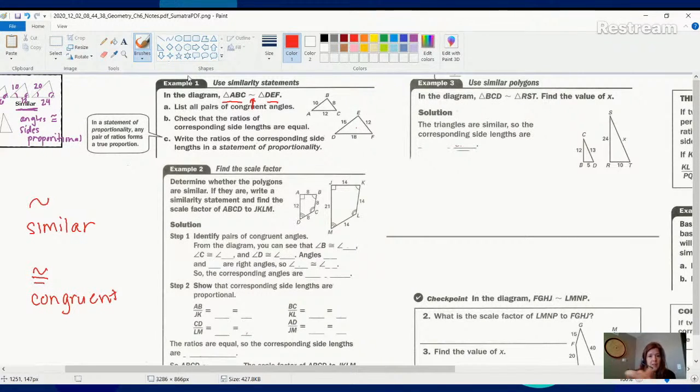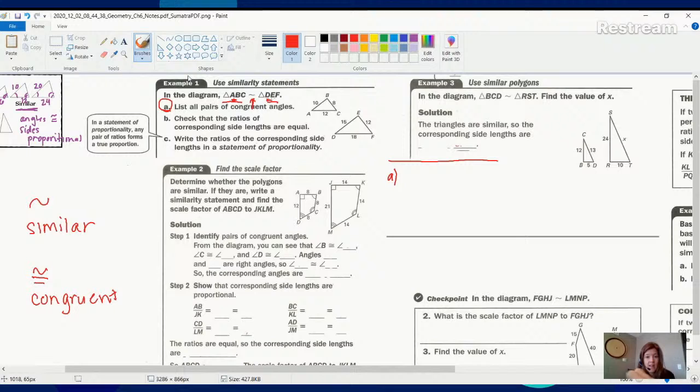So what it asks us to do is number A, to list all pairs of congruent angles. So I'm going to use this little space over here, and we want to list all pairs of congruent angles. What you can do is look at the picture and kind of see, but the foolproof way is to go back to your similarity statement, just like in congruence, because it should be in order.